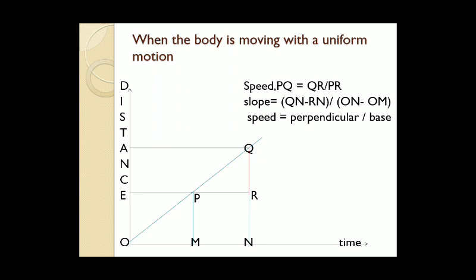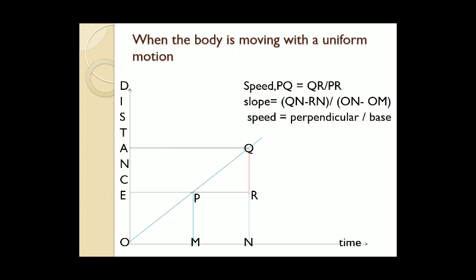Distance is represented by the part of the line QR, that is QN minus RN, and time is represented by PR. PR is equal to MN, and this MN is equal to ON minus OM. So that is actually the slope.